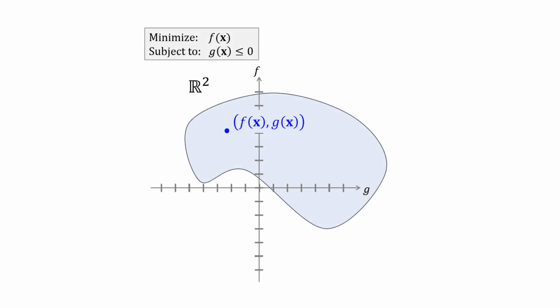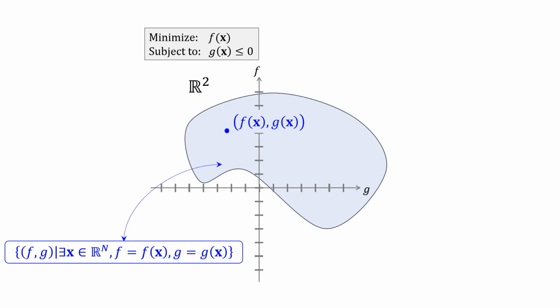Let's move this to the middle. So this region, the blue shaded region, is defined as (f, g) such that there exists an x in n dimensions such that f is f of x and g is g of x.